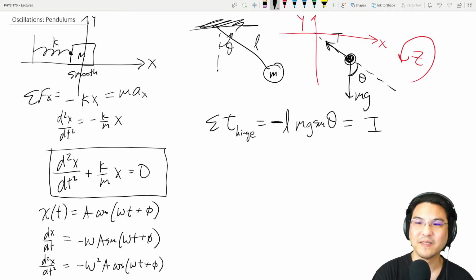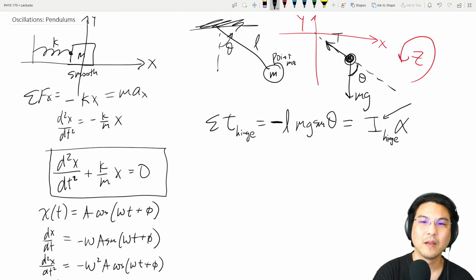Equals I alpha, which I is this. Since we sum torque about the hinge, it's the moment of inertia about the hinge, which in this example is just, let's consider this to be a point mass. So the moment of inertia of that point mass is just ml squared.